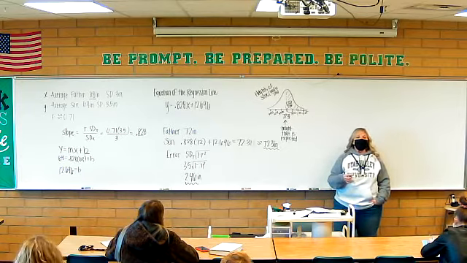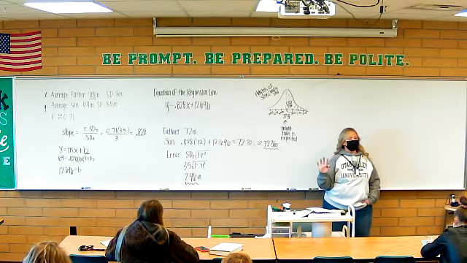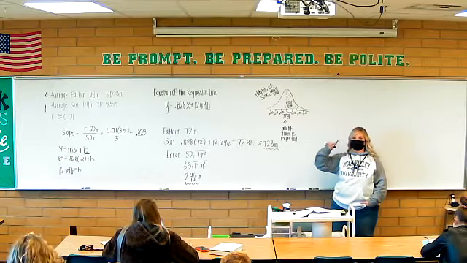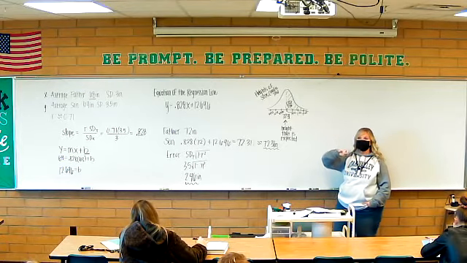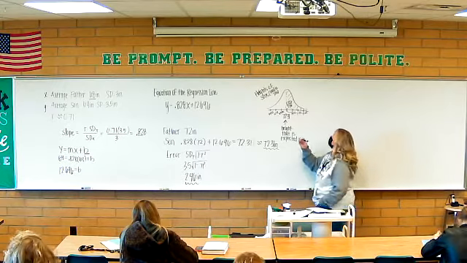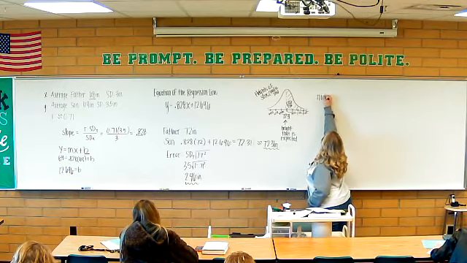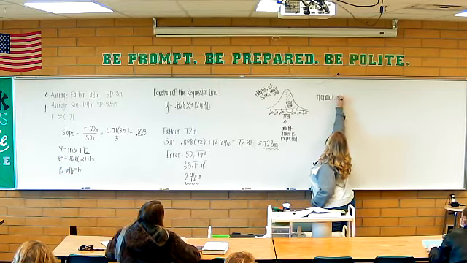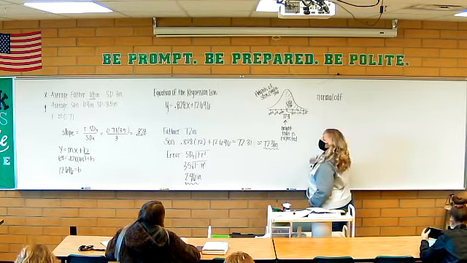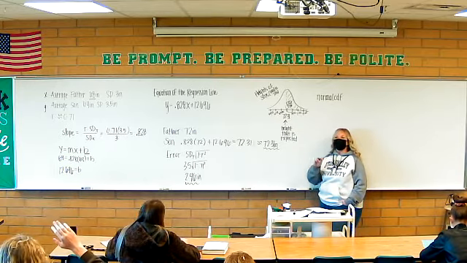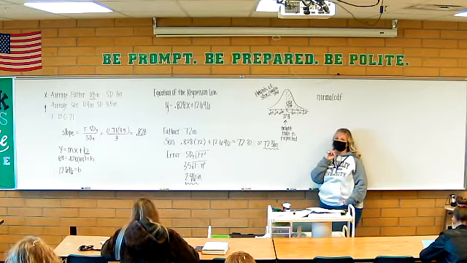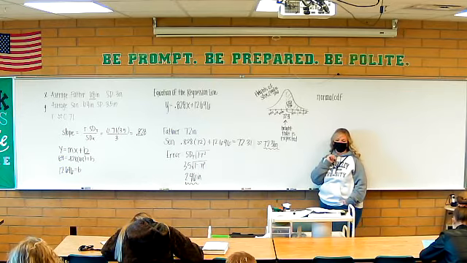Okay? So, I don't know if you guys remember doing this, but we have two options. We have calculator and we have book. So, on your calculator, this requires a normal CDF. Does anybody remember how to get to a normal CDF? Yeah, second VARS. We go to the distribution menu.